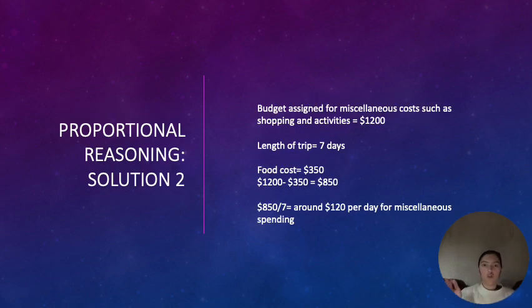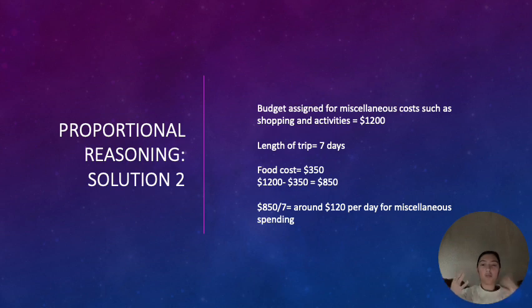Now, another approach to using proportional reasoning for budgeting is to set a clear limit for your food and miscellaneous expenses separately. For example, say your budget for the whole 7 days, excluding the cost of flight and accommodation, is $1,200. You can assign $350 to your food budget, as the average food is estimated to be around $50 per day in London, and the remainder of your budget can go towards miscellaneous costs.